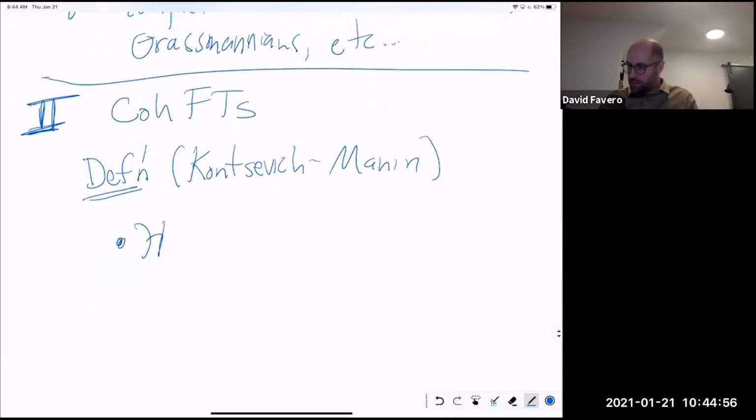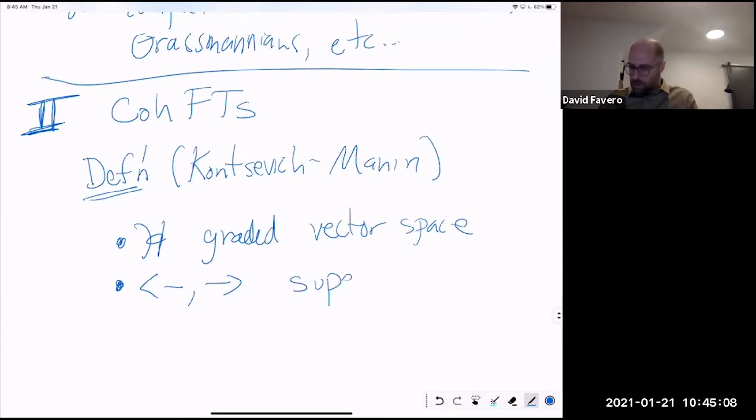So H is a graded vector space, coming together with a supercommutative pairing, and a unit, so a distinguished element. Sorry, I changed the notation of this H. It's called the unit, just some distinguished element called the unit.